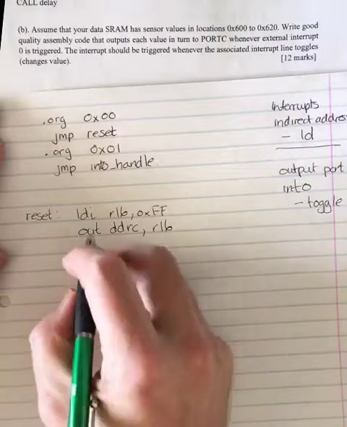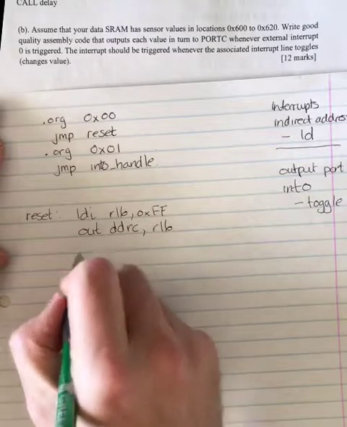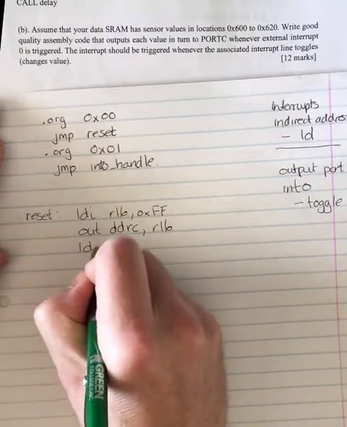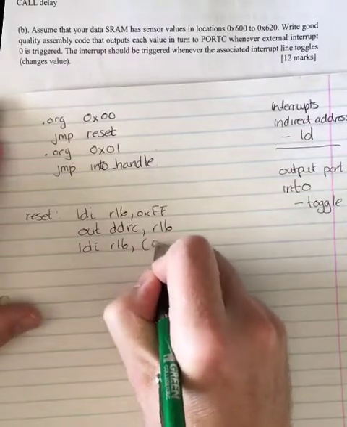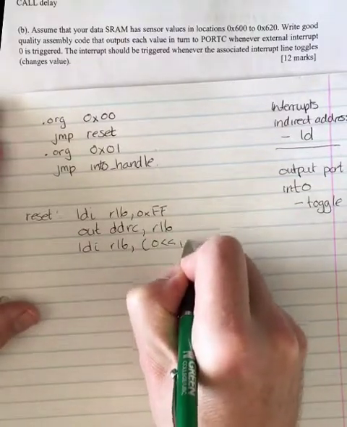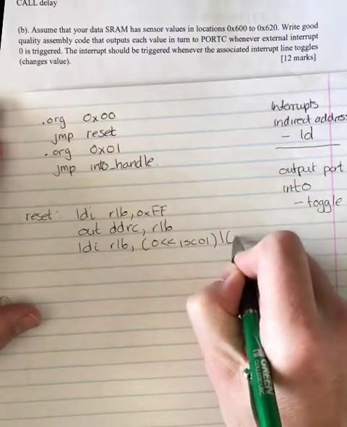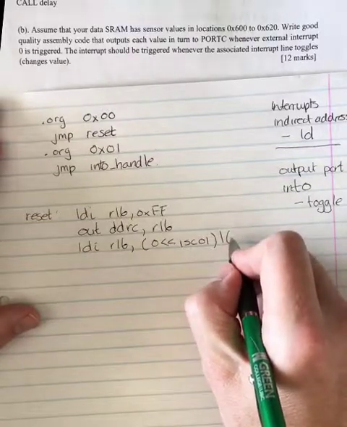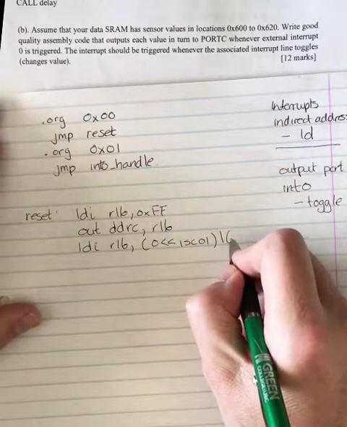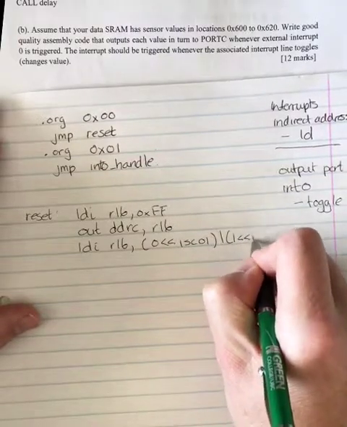So we'll first of all set up the toggle mode for interrupt 0. So I'm going to load into R16 the following expression. You'll see that we need to put 0, 1 in the appropriate bits of the EICRA register, and this is the best way of doing it.